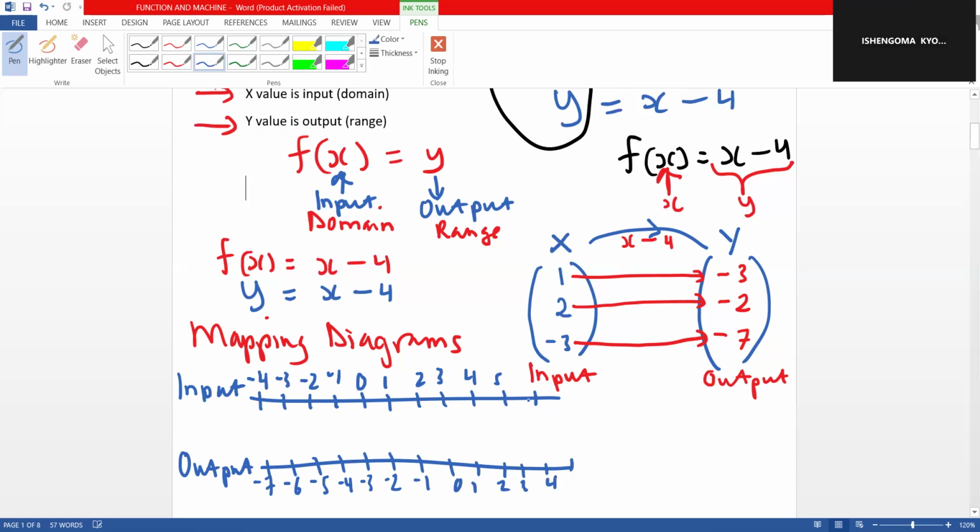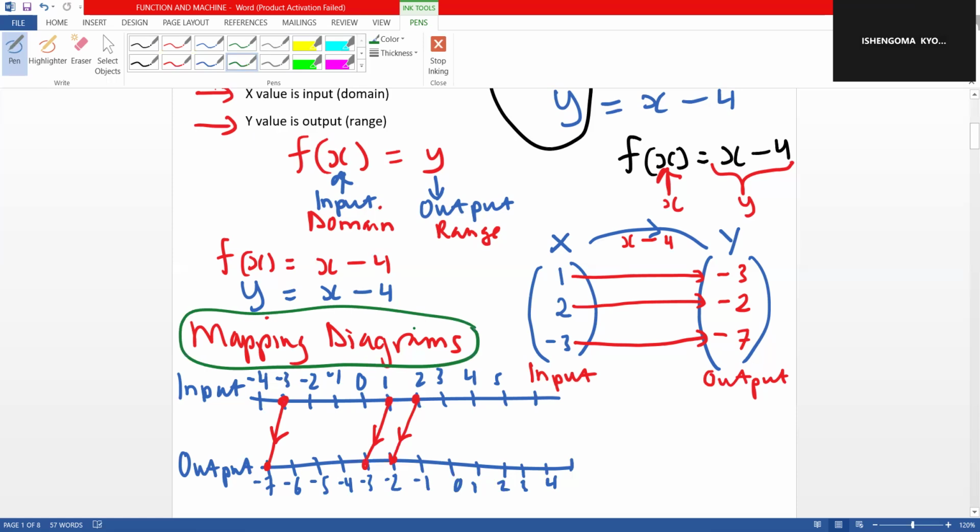So if you look properly, in our previous question here, when we kept the input as 1, we got the output as minus 3. When the input was 2, we got the output as minus 2. And when the input was minus 3, we got the output as minus 7. So this is what we call a mapping diagram.